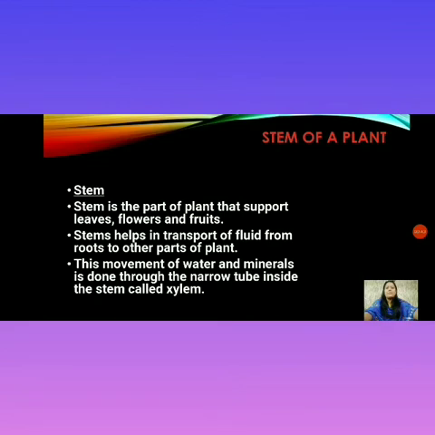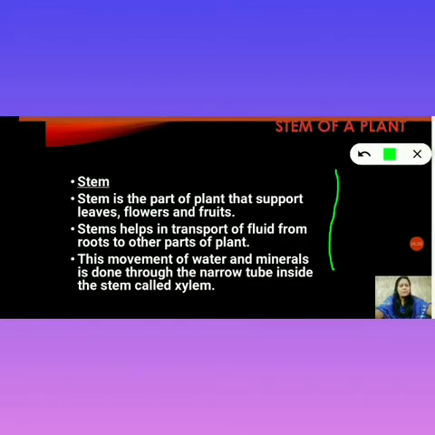So the stem is the part of the plant that supports leaves, flowers and fruits. Stems help in transport of fluid from roots to other parts of the plant. So to understand it more properly, let us draw the stem.